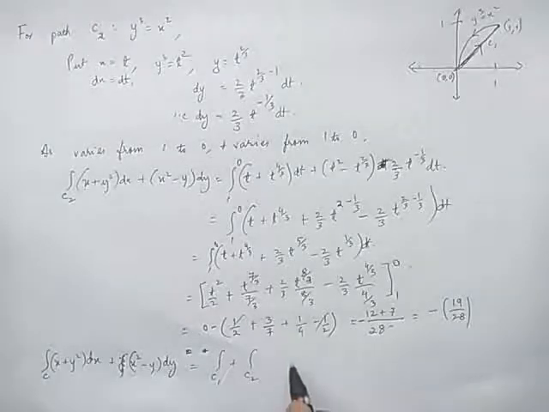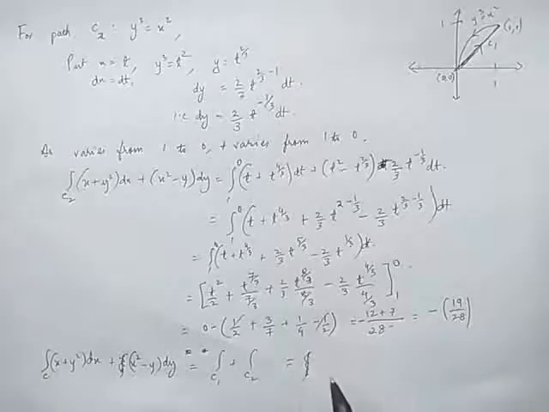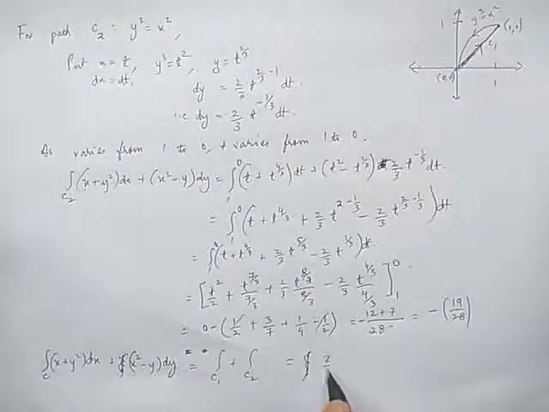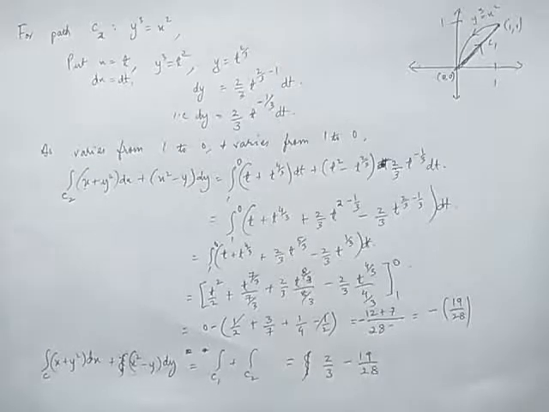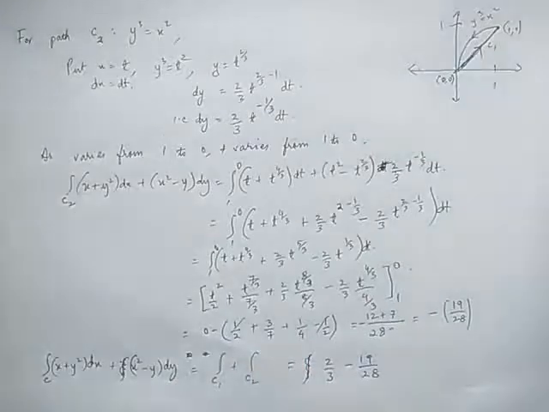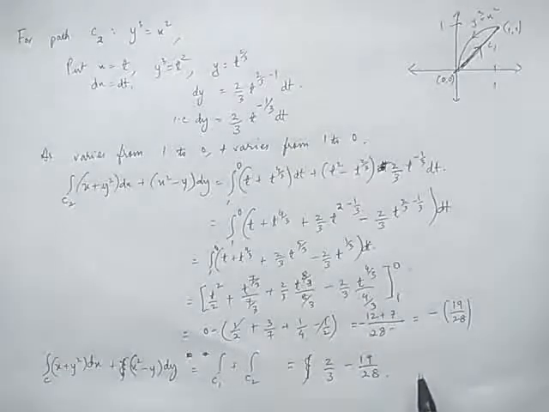So this will be equal to the first one which I got, 2 by 3, minus 19 by 28. So I think we will be able to solve this one, 2 by 3 minus 19 by 28. And going back to the result, this result will give you the answer.